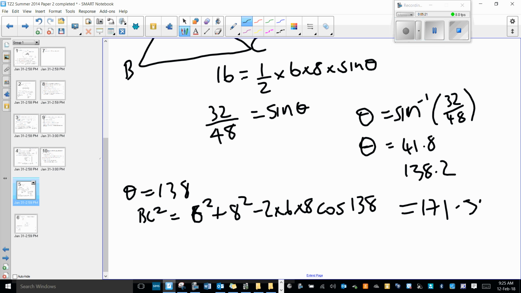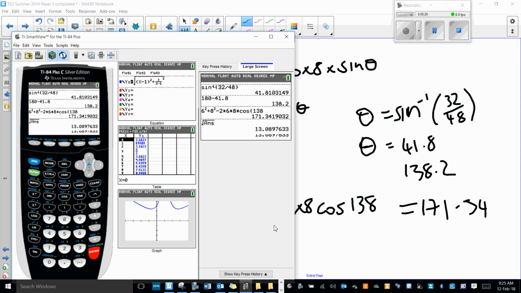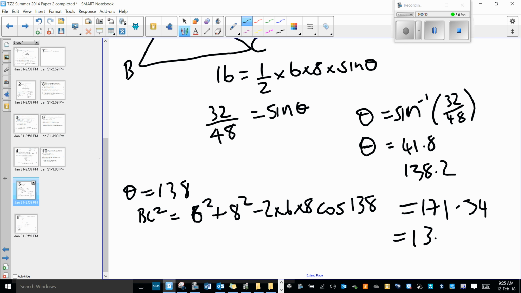And then we have to square root. Okay, we need to square root that now, which is 13.1. So the square root of 171 is 13.1 centimeters.